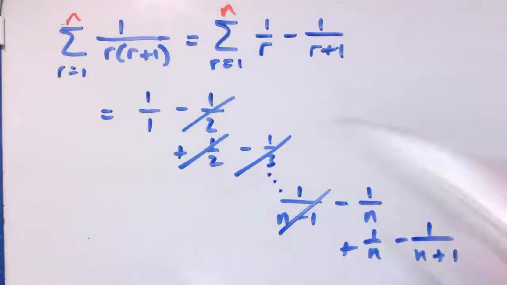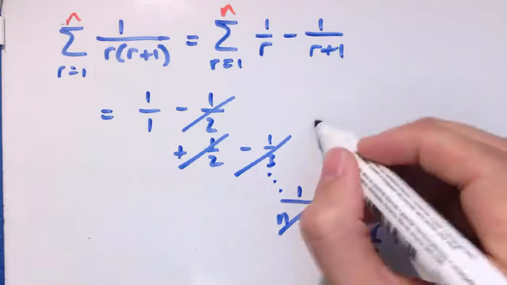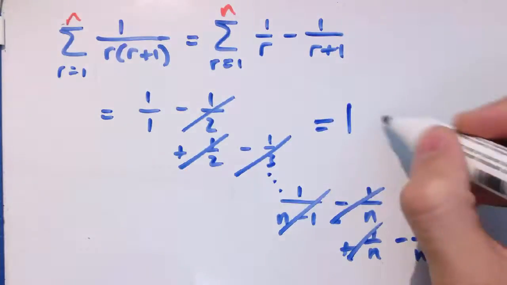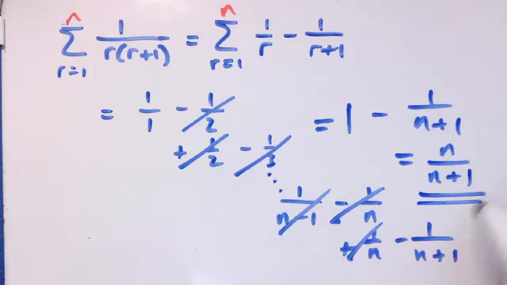So this one will have cancelled with some term before it. These two cancel. And I'm just left with, overall then, 1 minus 1 over n plus 1, which is n over n plus 1. So that's the method of differences.